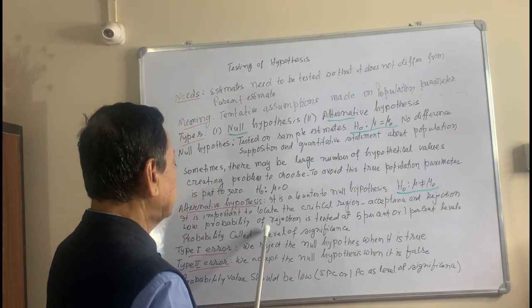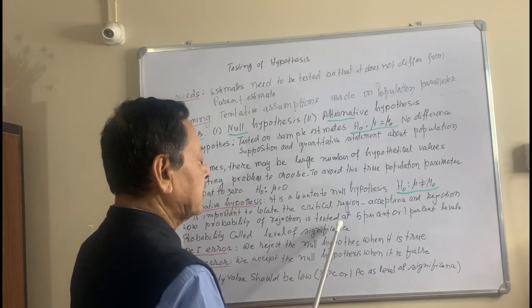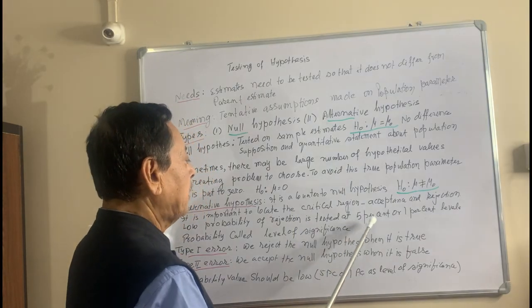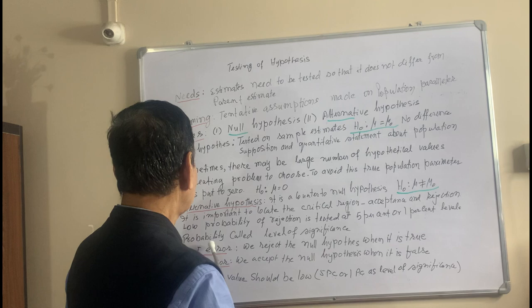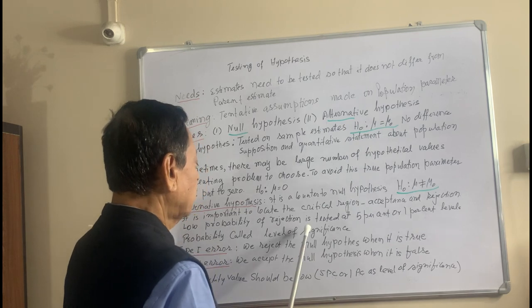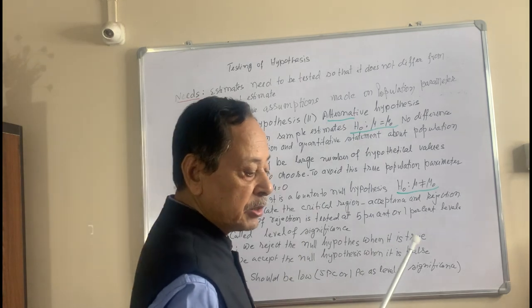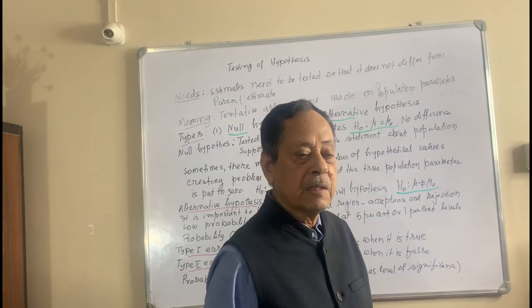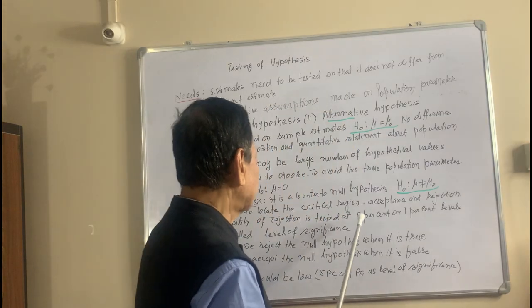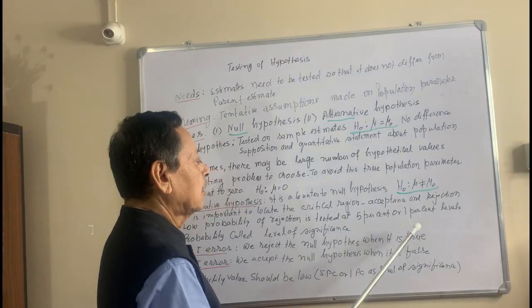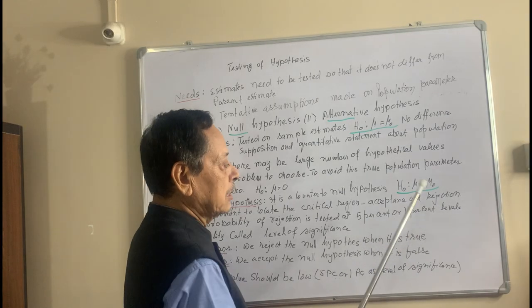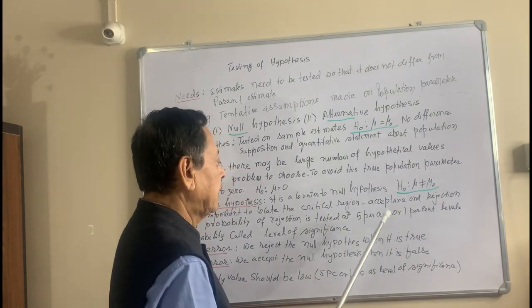Generally, a low probability of rejection is tested at 5% or at 1% level of probability. A hypothesis is rejected at a very low percentage, generally 5% or 1% of the area.